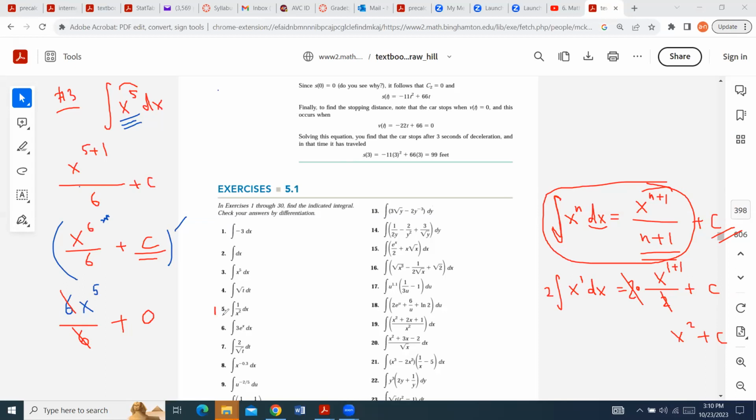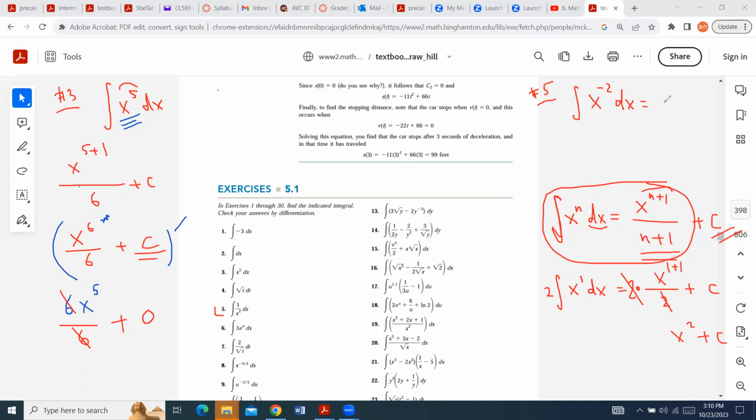So what about exercise number 5, where you have this 1 over x squared? Well, remember, I don't want to deal with those fractions. I always want to rewrite them with a negative power. Instead of fractions, I try to always get negative exponents, because we have a formula only for the powers.